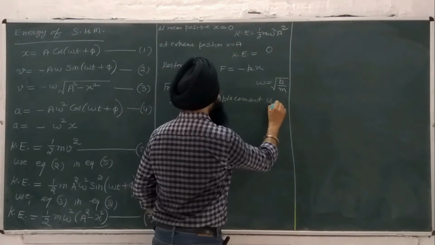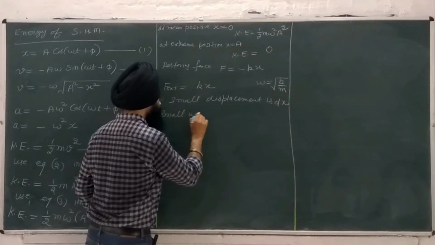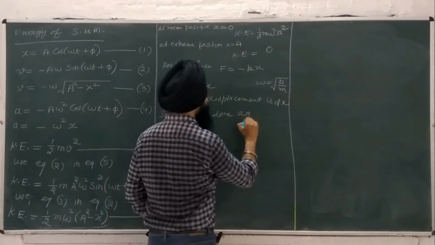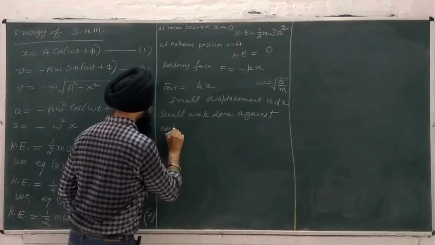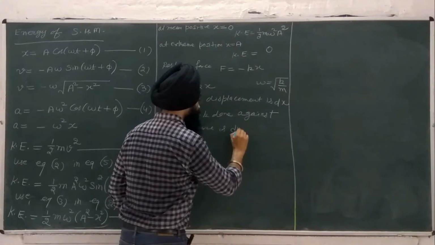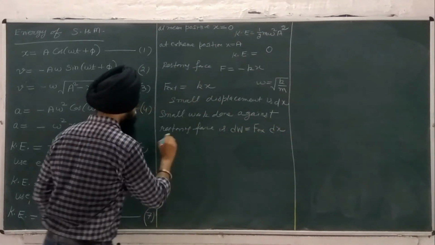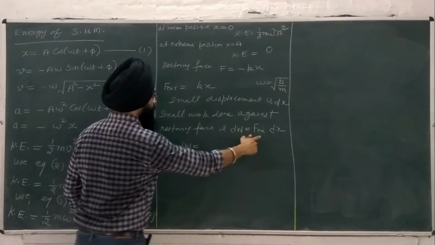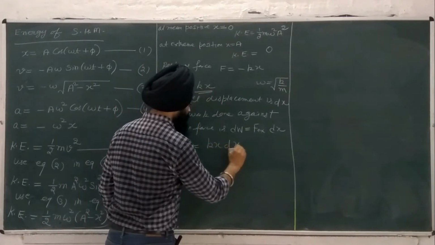and the small work done against the restoring force, or by the external force, is dW equal to F external into dx. If I put the value of F external, kx, we have kx dx.